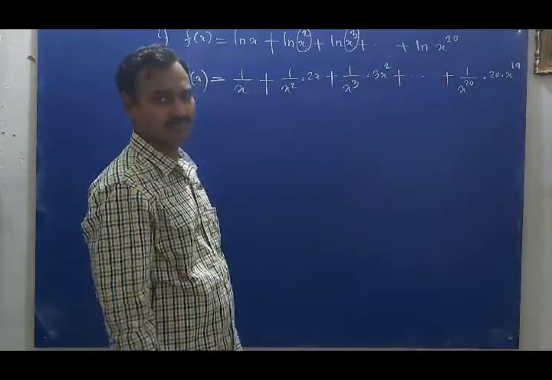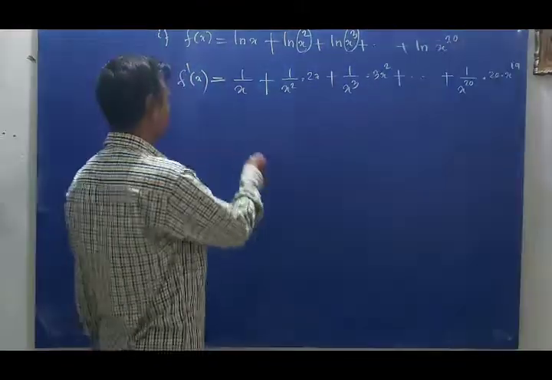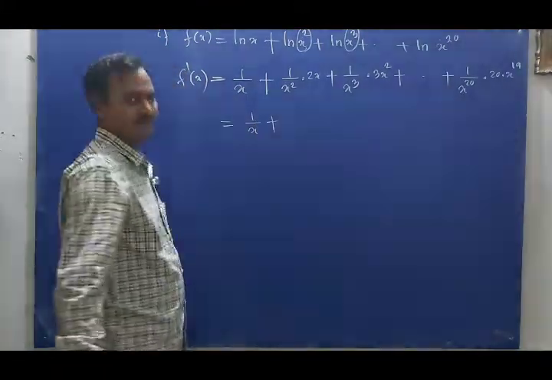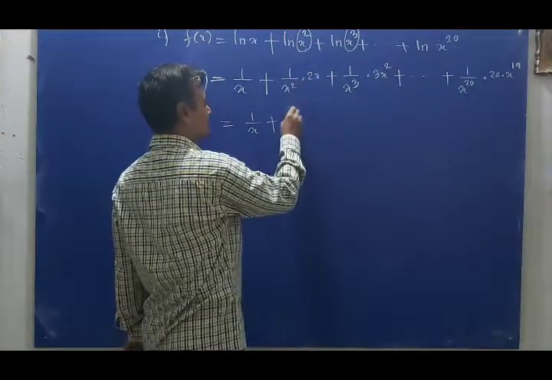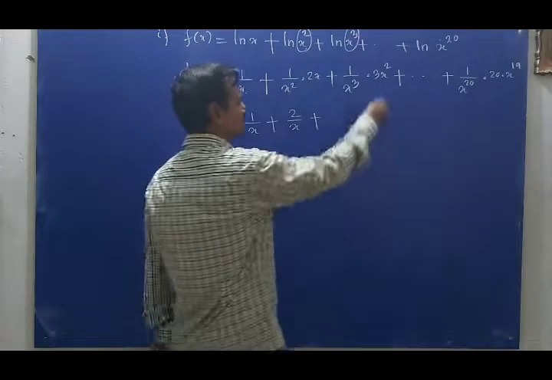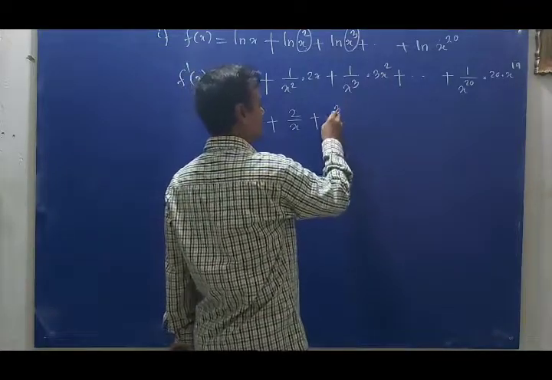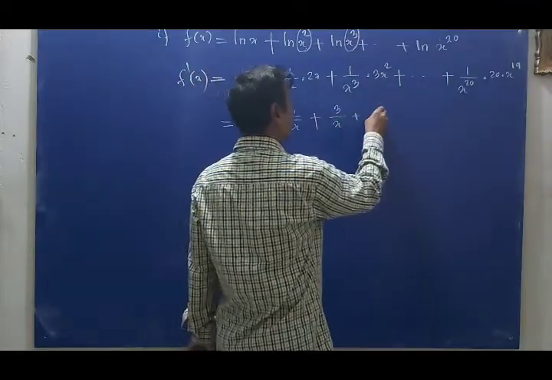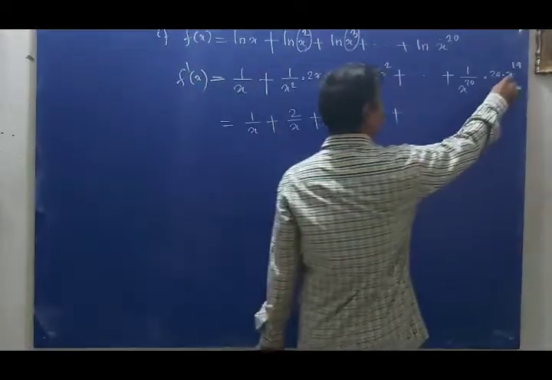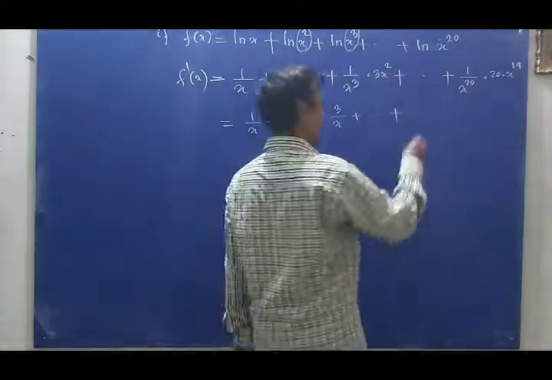This is equal to 1 by x plus 2 by x plus 3 by x plus dot dot dot plus 20 by x. What is the result?